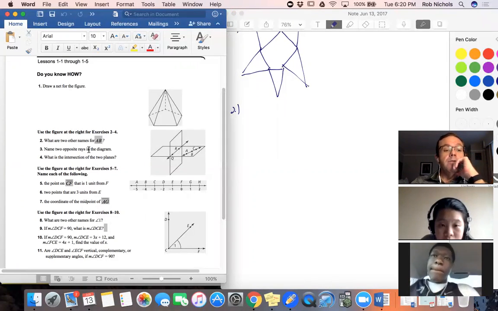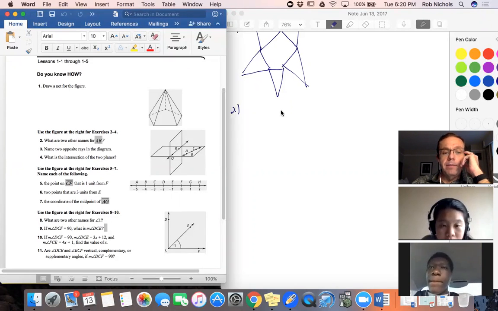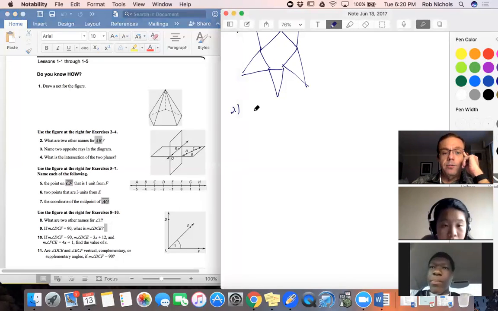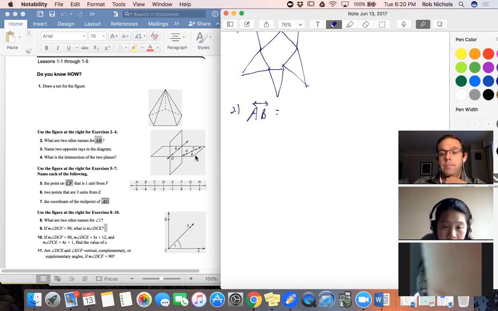Okay, so number 2 says, what are 2 other names for AB? I'm guessing what it's saying is, what are 2 other names for line AB? So here's line AB. How else could we name line AB? Line BA, going in the reverse direction.